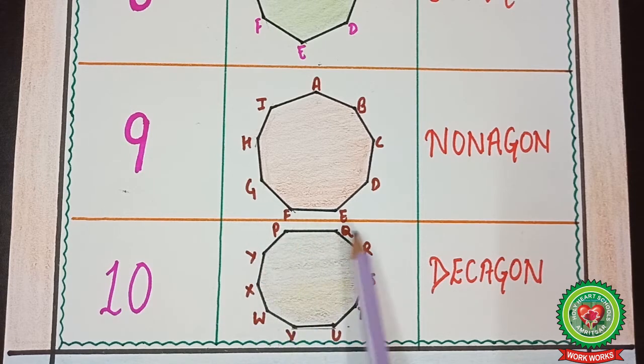With these 10 sides we form a figure known as a decagon. Students, you should remember that with the given sides we form a figure, and you should remember the name of the figure on the basis of its sides.